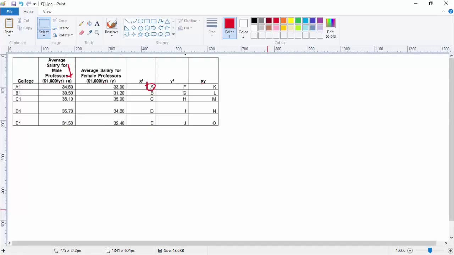Now let's do y squared. Here I got y squared. So what is that going to be? Where's our y? Here's our y, so that's 33.90.